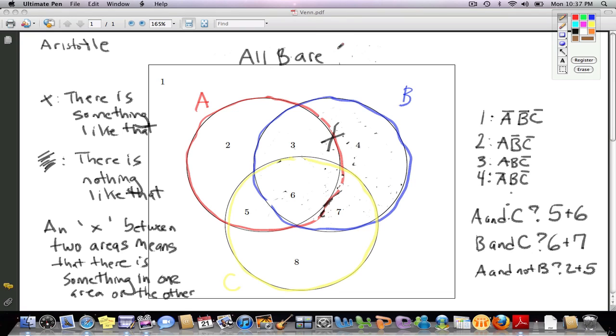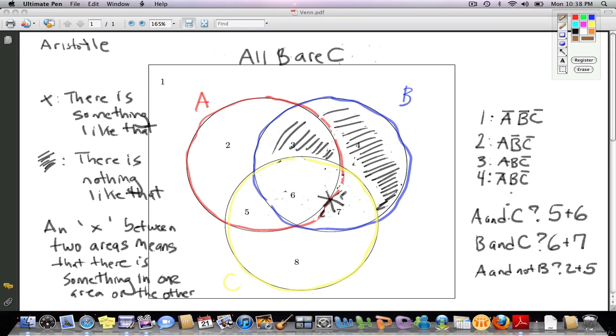As we've learned, what we've said so far for all B are C says that we have just the opposite of what I'm erasing. Nothing in areas 3 and 4. I can't have anything in area 3 because those are A, but they're B's that are not C. Area 4 are not A's, but the relevant thing is that they are B's that are not C. Now, if all B are C, presumably we also have something that is a B and a C. We don't know whether or not it is an A, so we would have a mark in area 6 and 7.